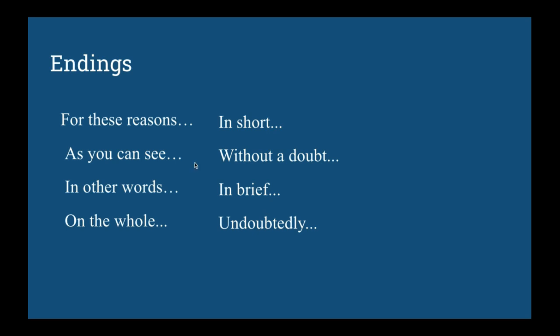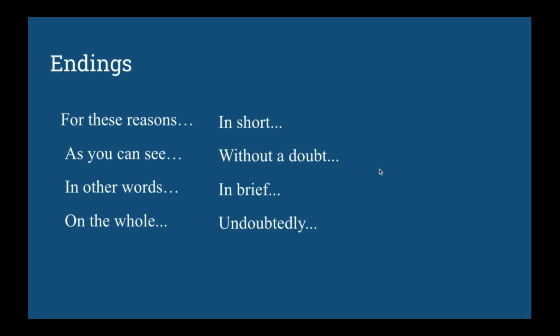In other words. So if you're saying something and maybe it's a little complicated and you want to make sure your readers understand, it might help to phrase it differently. So in other words, and then you say it a different way. On the whole means like in general. In short means in summary, to resume, to say it in a shorter fashion.